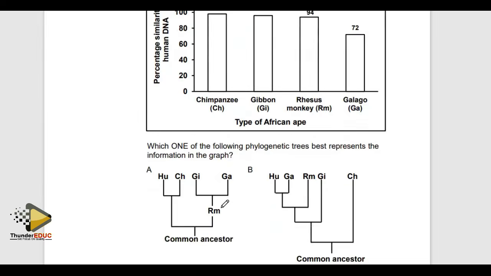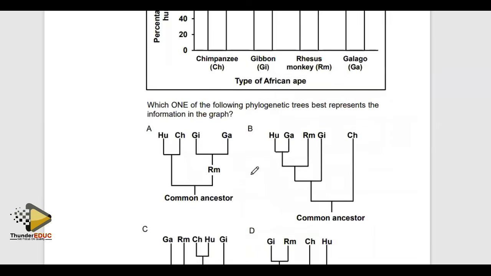So now the question is asking, which one of the following phylogenetic trees best represents information in the graph?